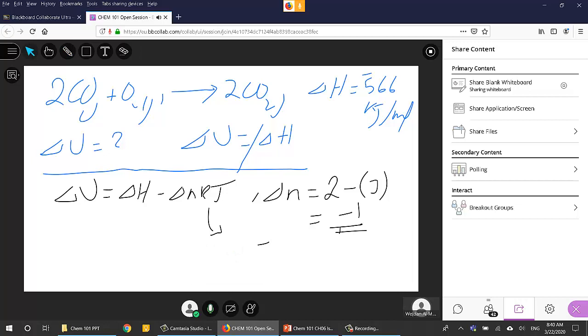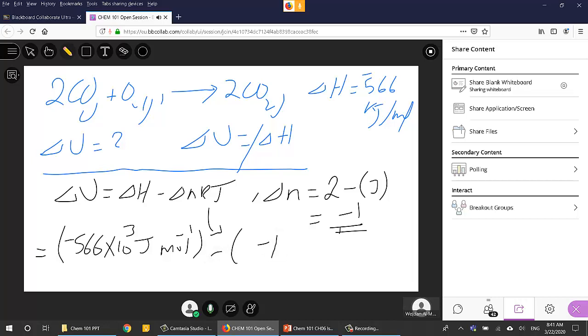We also need to change delta H into joules. This is in kilojoule, so we have to change it to joules. So delta U will be equal, in that case, to minus 566 times 10 to the power 3. I multiplied this by 1000 to make it in joules, minus delta N RT.